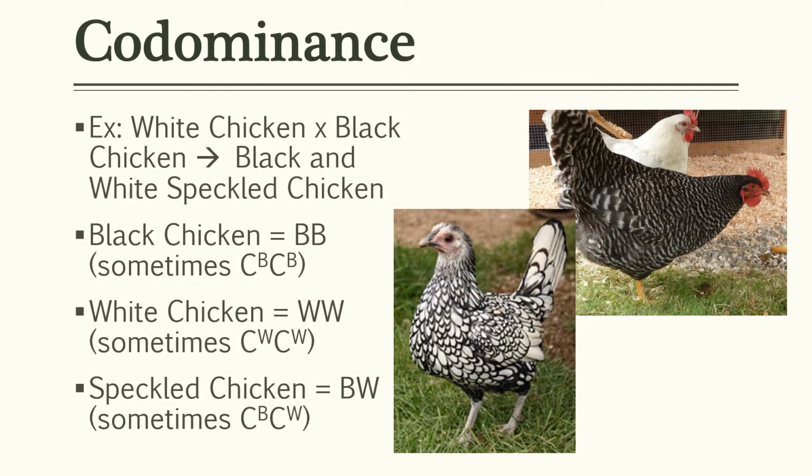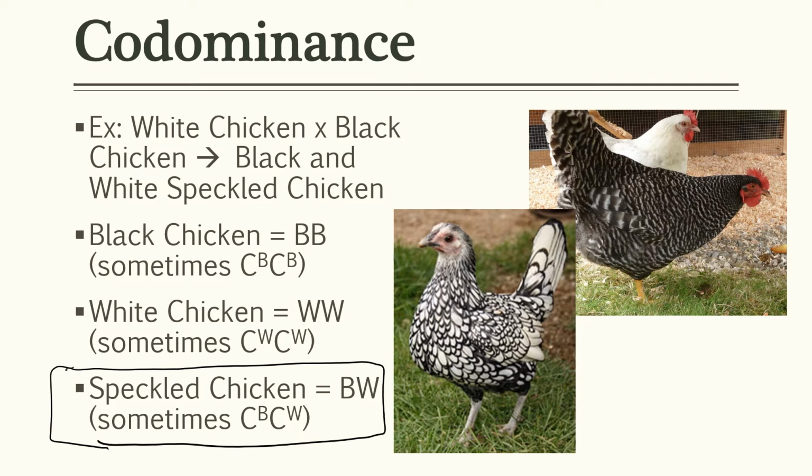So the first example are these white and black speckled chickens. A full black chicken is going to carry the black dominant allele. The white chicken carries the white dominant allele. And when you have the heterozygous chicken, you end up with the speckled colors like you see in these two pictures.